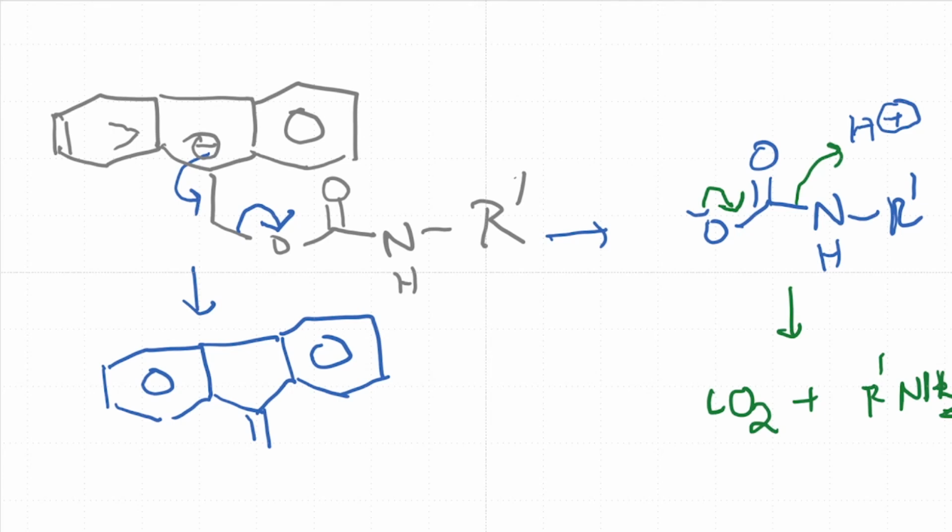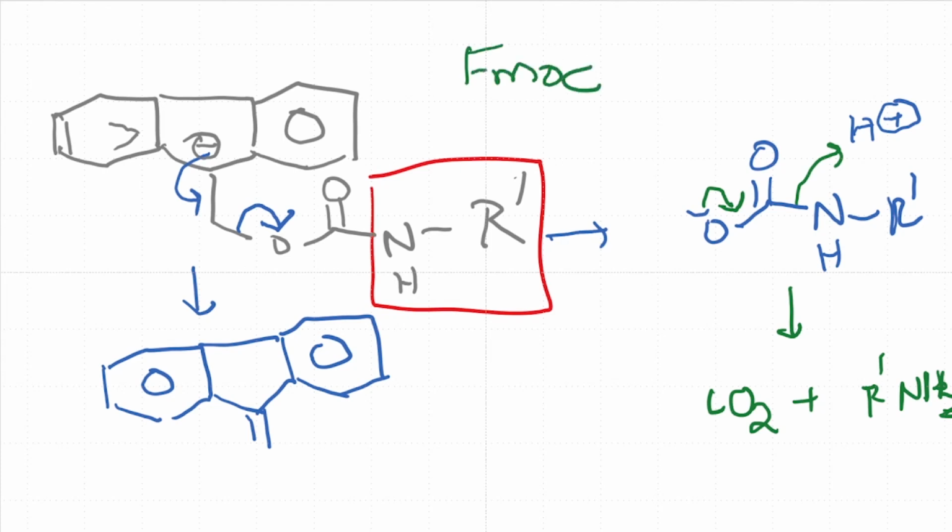So this is a very useful and important protective group, because if your amino acid can be protected as this entity here, then you're going to be able to carry out a number of other reactions on the amino acid, while you keep the amine part of it stable. And then whenever you want to deprotect, all you need to do is add some amount of base and deprotect it. Okay, so this is called the FMOC protecting group.